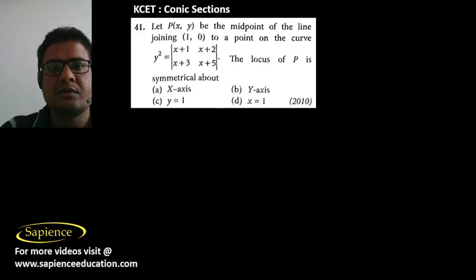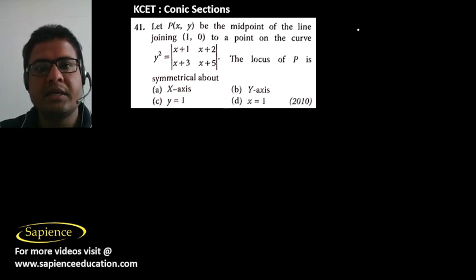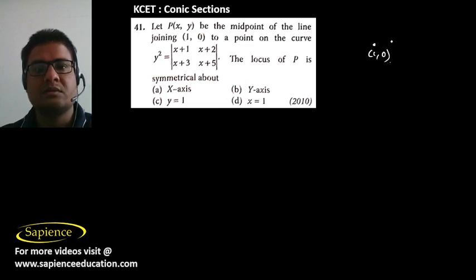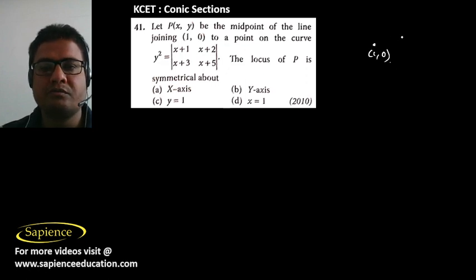Okay. Then in question number 41, let P (x, y) be the midpoint of the line joining the point (1, 0) to a point on the curve, then the locus of P is symmetrical about.